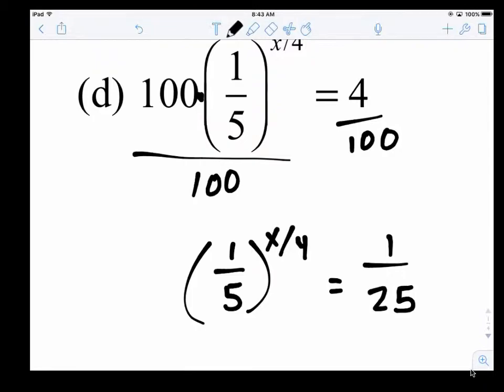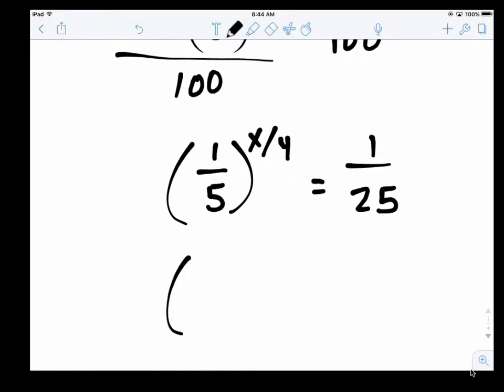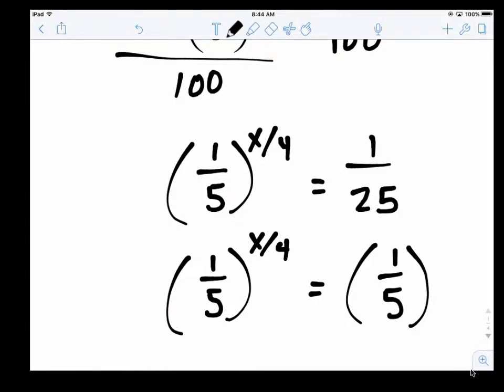Or, what would I have to do to 1/5 to give me 1/25? Square it, right? So I could have 1 over 5 to the x over 4 is equal to 1 over 5 squared, right? So now they both have a base of 1 over 5.